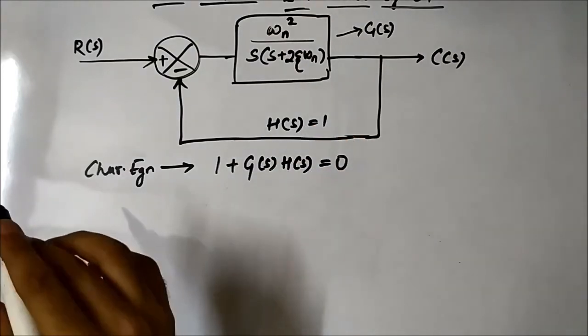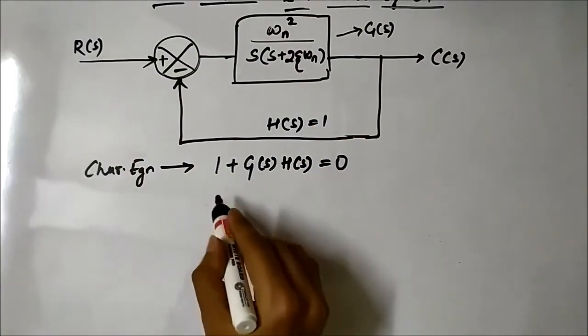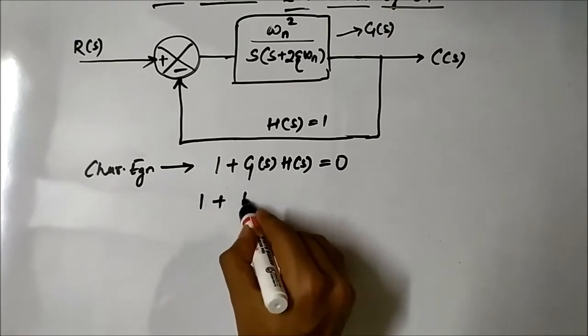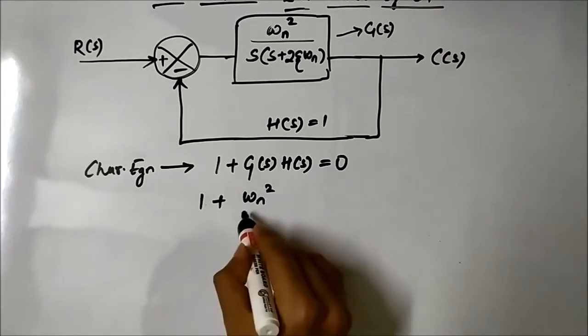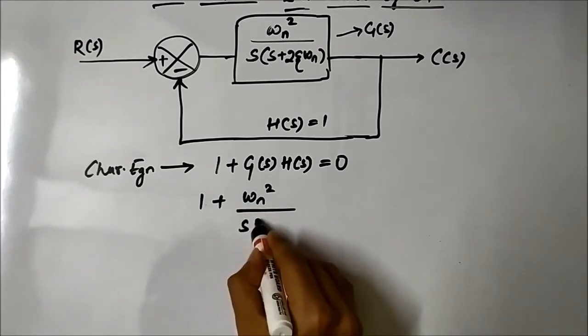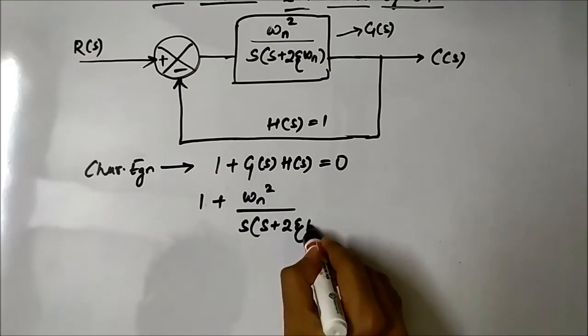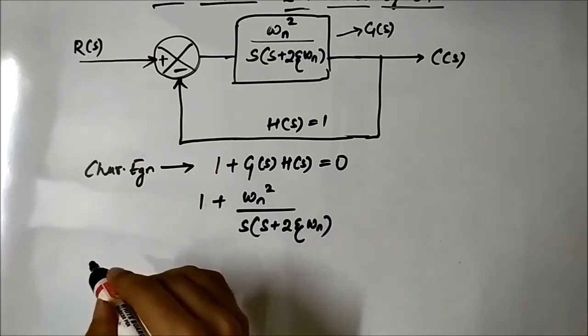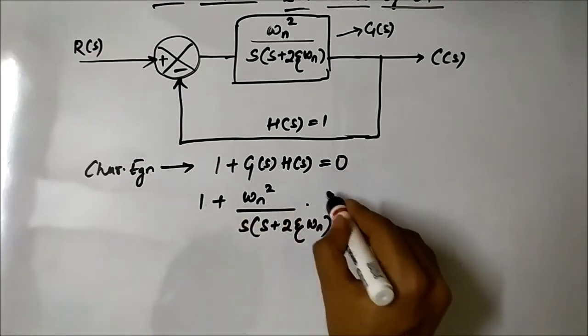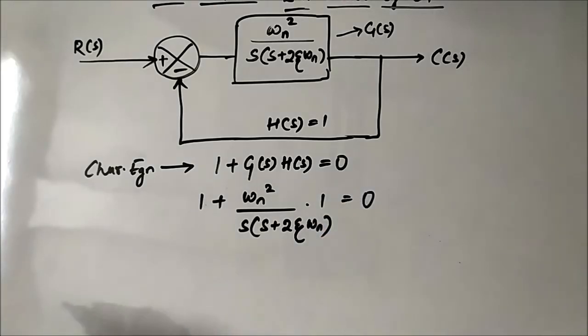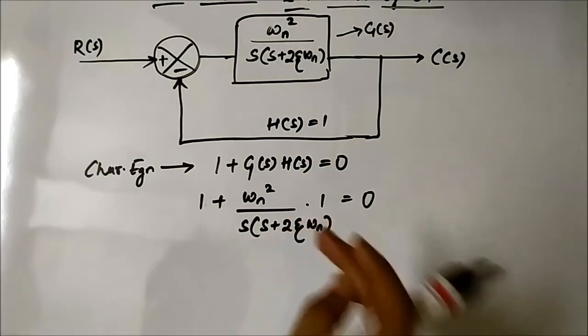So the characteristic equation becomes 1 plus omega n square by S into S plus 2 zeta omega n, into 1, equals 0.